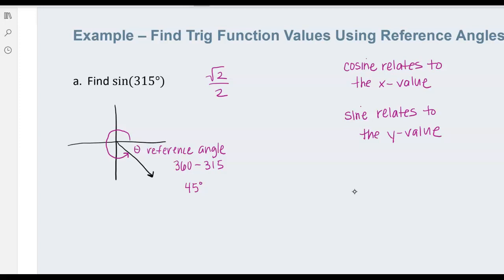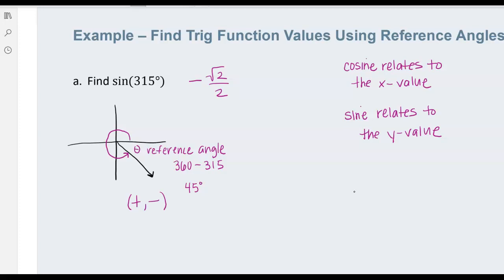So because we're in the fourth quadrant, y's are always negative here, right? Our coordinates are going to be positive for x and negative for y. So I think that because sine is related to y, this is going to be a negative value.